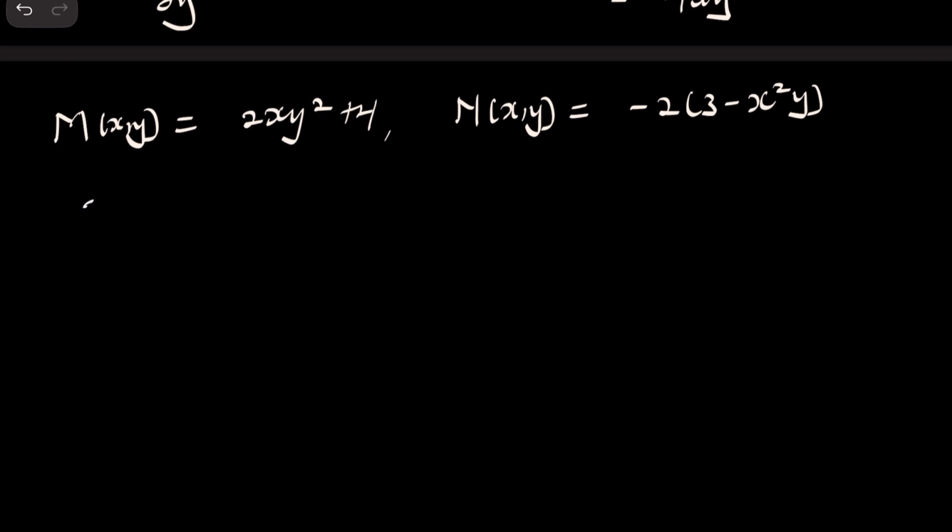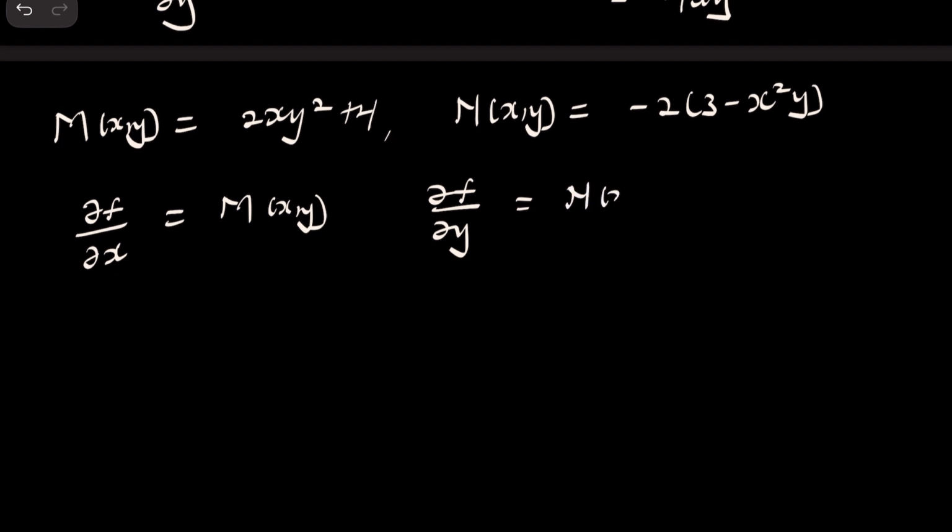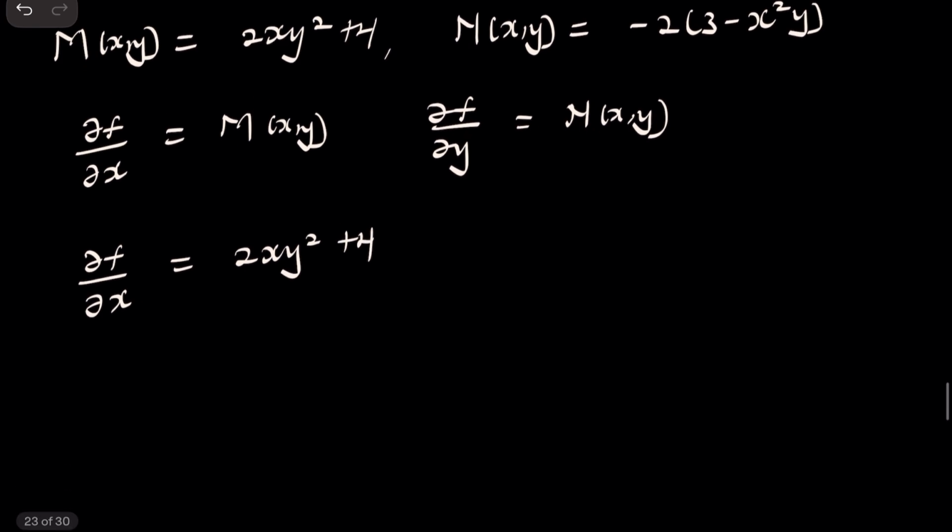We now proceed to solve our given question. Now, by definition, we know that partial of f with respect to x is given as m of xy, and partial of f with respect to y is given as n of xy. And so let's choose to work with our first equation. And so we are going to say that partial of f with respect to x is giving us 2xy squared plus 4. And so our main goal is to find f of xy, right?